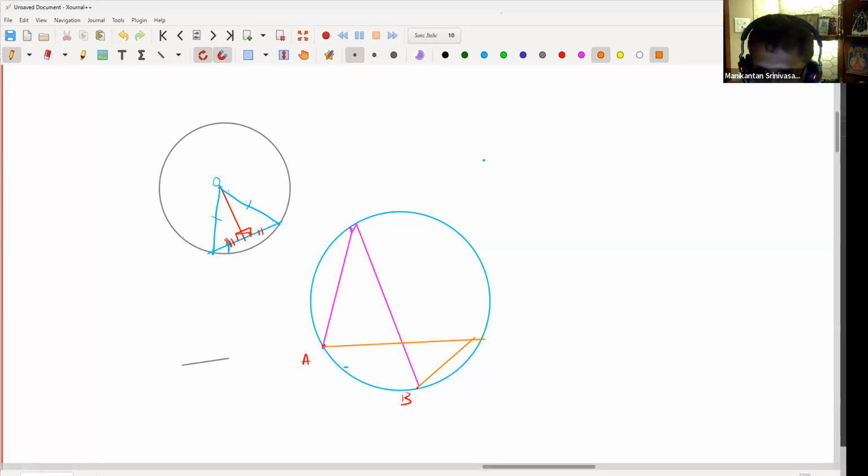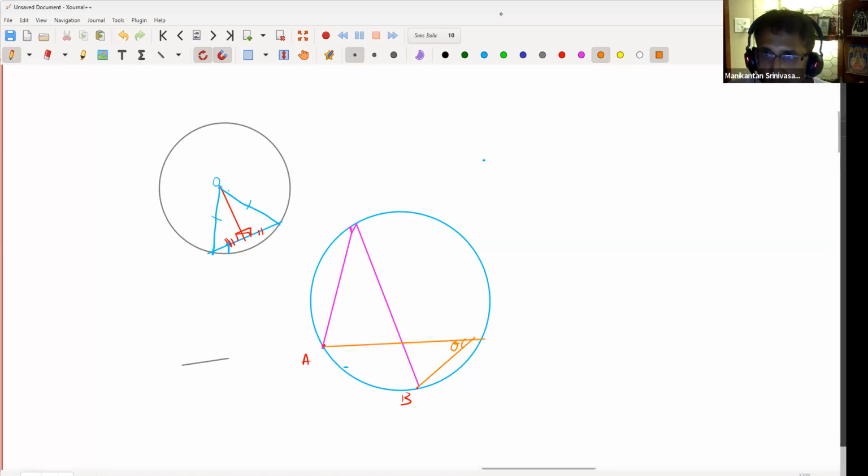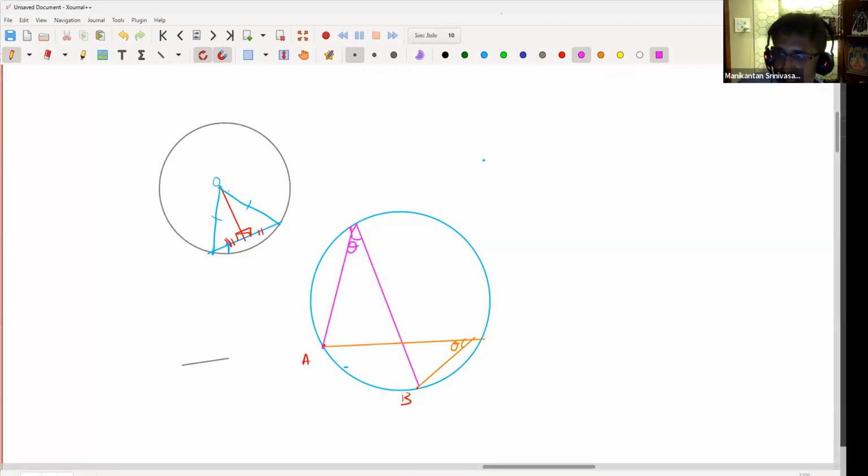So this angle, let's say it's theta, and this angle will also be theta. So with a given arc AB, given two points on the circumference of the circle, if I touch the periphery anywhere and come back, the angle will be theta.